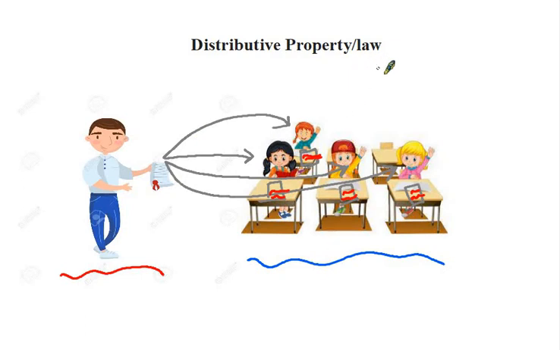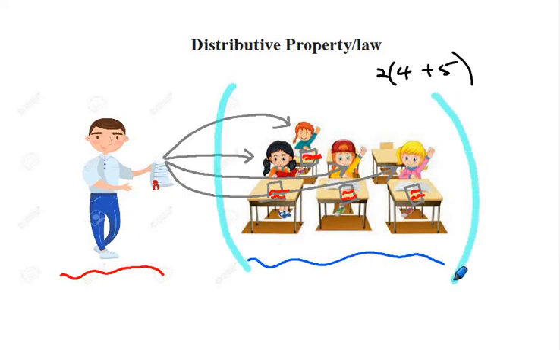All right, look at this. So for example, I have 2 times the bracket 4 plus 5. The teacher is standing by himself, right? Look at this now. Suppose you had done something like this. You see that? It looks kind of similar to what we have at the top mathematically.